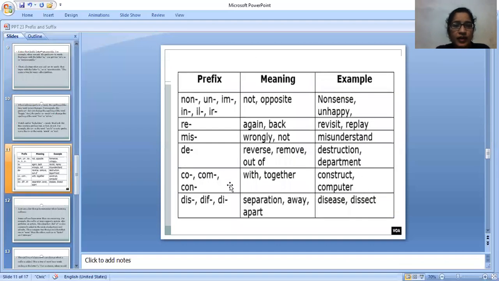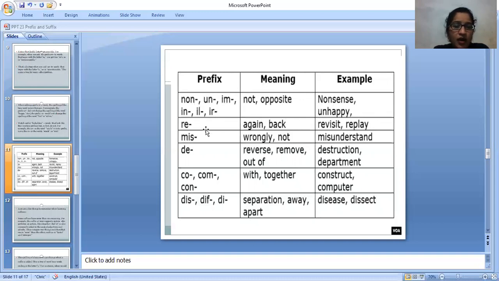So you can see a small table here. So you have prefixes non, un, im, in, il, ir, and what do all these prefixes give? They give the meaning like not or opposite of. For example, you can take the word happy, and when you add this un, it gives an opposite sense, right? Unhappy, opposite to happy.